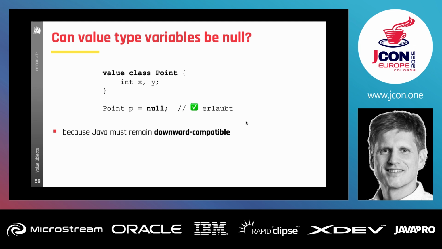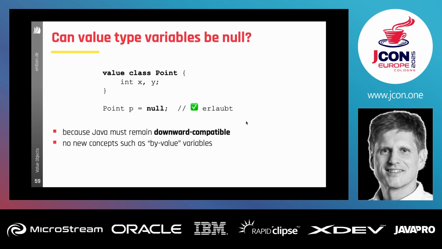For example, we have interfaces, and we may have a value class which implements the interface, and a normal object class which implements the interface, and we have a reference of the interface type. We don't know yet if it will be a value object or not, and so it can't actually be declared not allowed to be null.